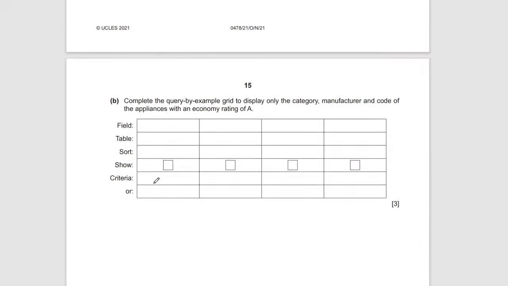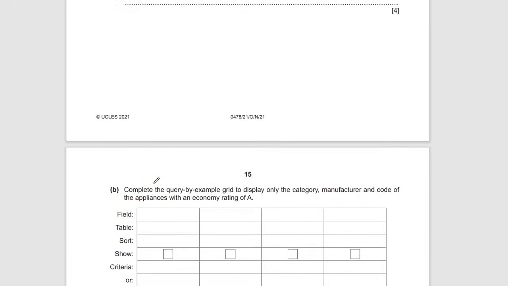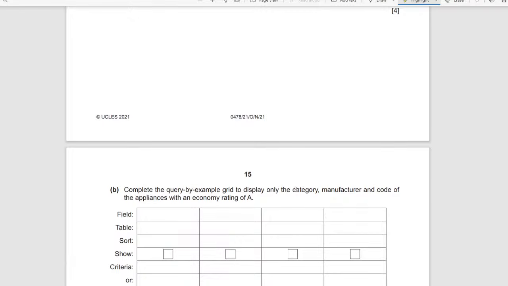Okay, so let's go over to this query table. This query table is telling us, take your highlighter and look at this, to display only the category, manufacturer, code of the appliances with an economy rating of A. So with this information, category is the first field that I find. Then there's manufacturer, that's the second field. Then there's code, which is the third field.